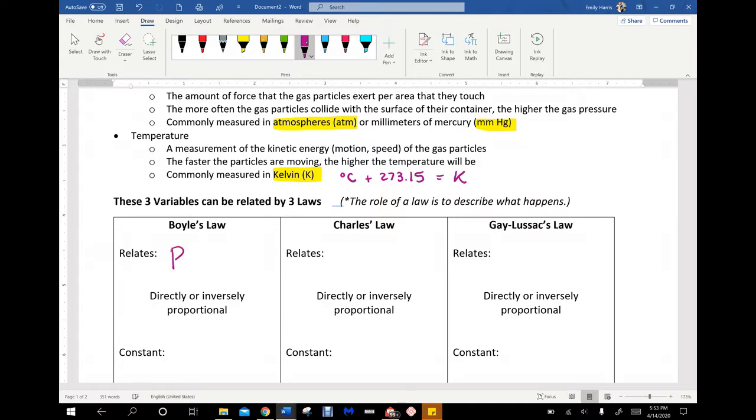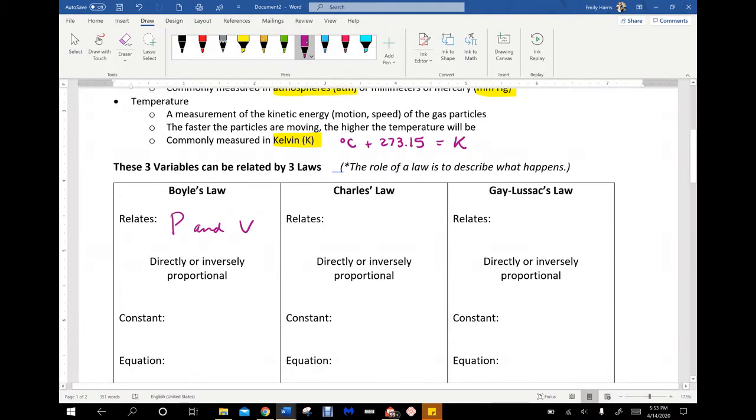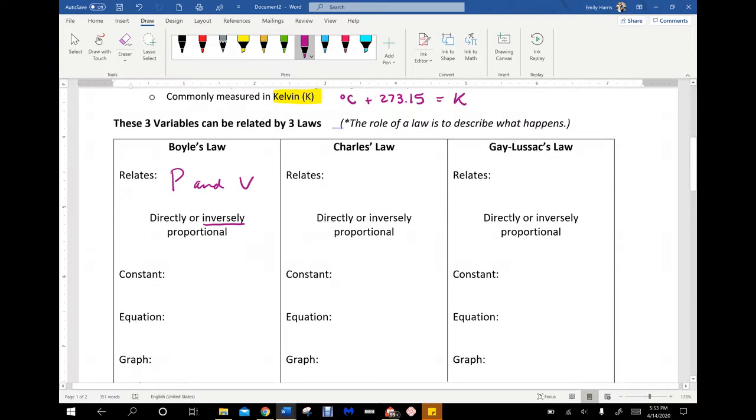It relates pressure and volume. What we found is that pressure and volume are inversely proportional. That means they go in opposite directions. If pressure goes up, volume goes down. What remained constant was the temperature, and the equation for Boyle's law is P1V1 equals P2V2.